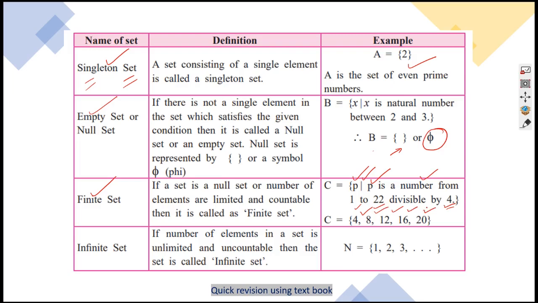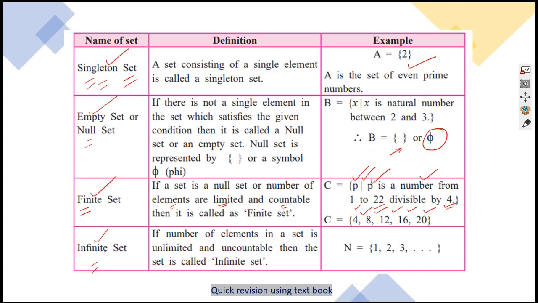Nothing more, nothing less. Hence it is a finite set. Finite set means having limited countable elements in a set. Null set does not have any member or element. Singleton, single. Here comes the last category, which is named the infinite set.